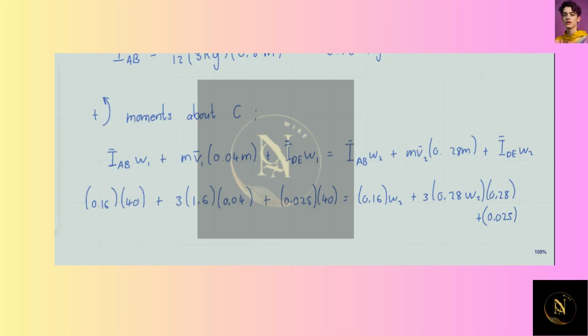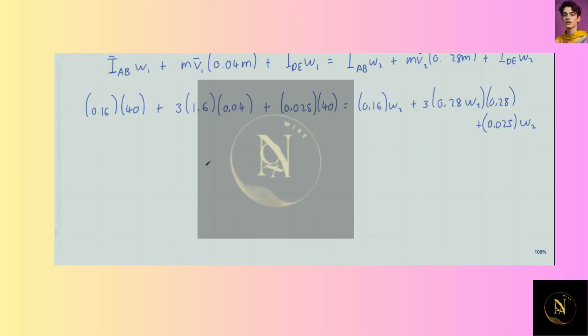Although this is a very long equation, it isn't complicated. We have one equation with one unknown. If we simplify this equation and solve for the unknown, we get omega 2 as required. So we get 0.4202 omega 2 is equal to 7.592.